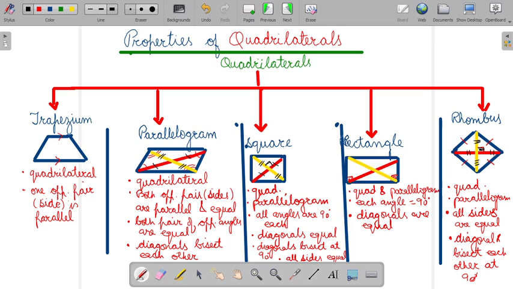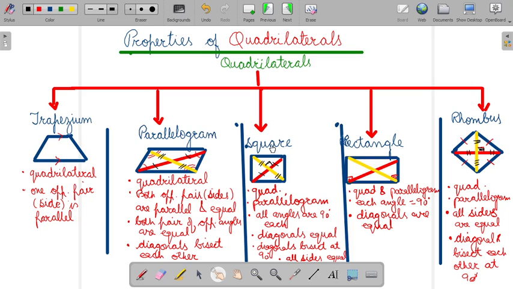So these are the properties of all different types of quadrilateral, that is trapezium, parallelogram, square, rectangle and rhombus.